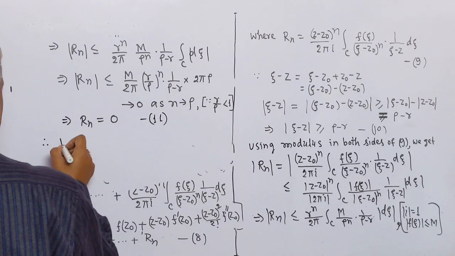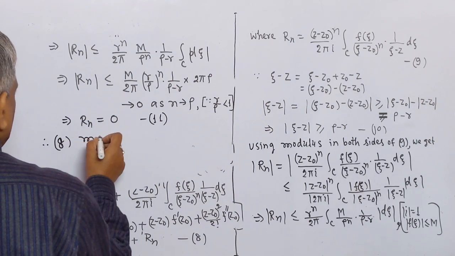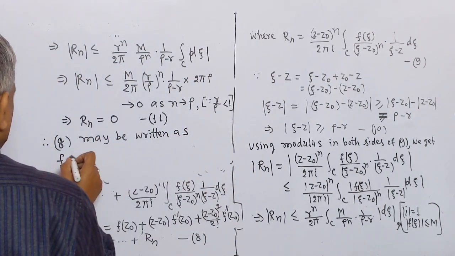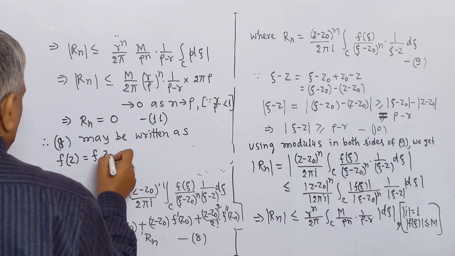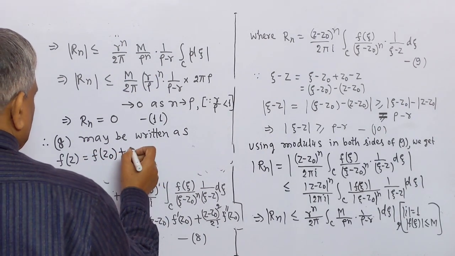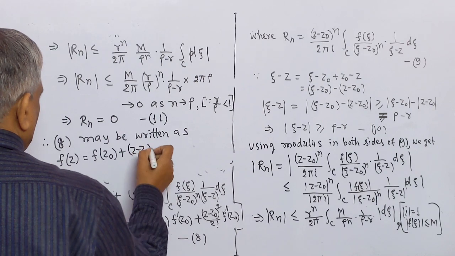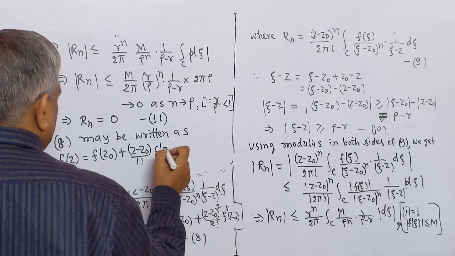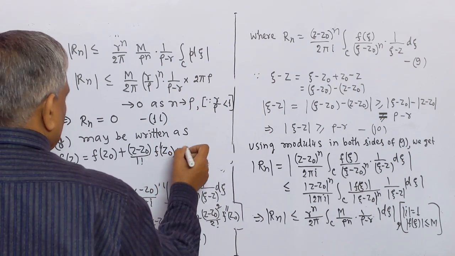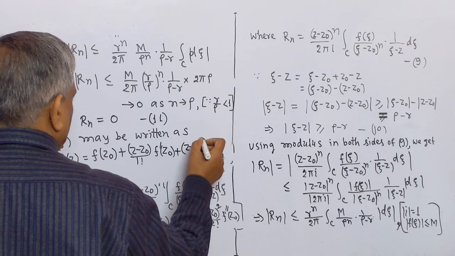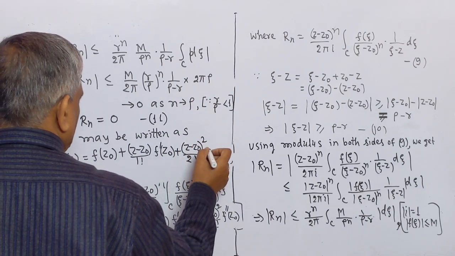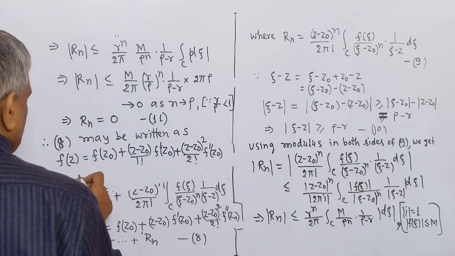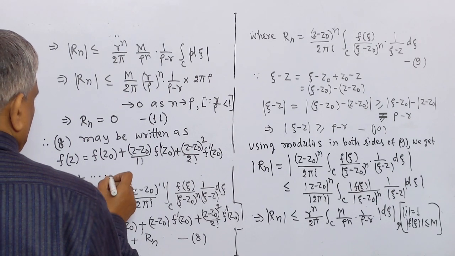Therefore 8 may be written as f(z) equals f(z₀) plus (z − z₀) by factorial 1 times the first order derivative of f at z equal to z₀, plus (z − z₀)² by factorial 2 times the second order derivative, plus dot dot dot.